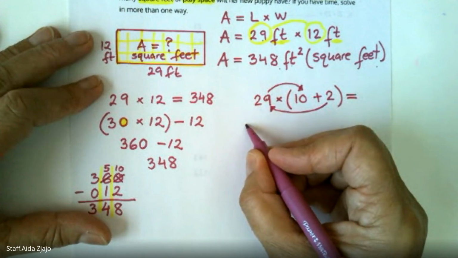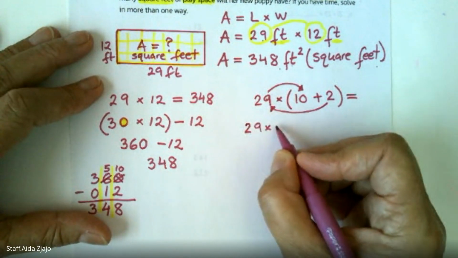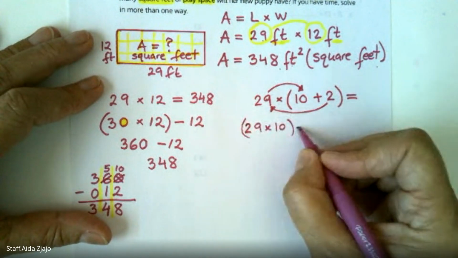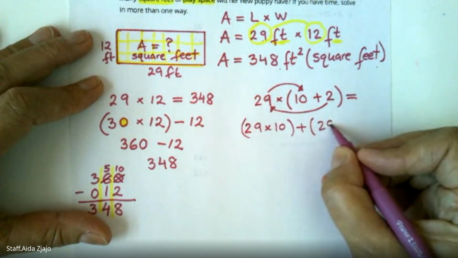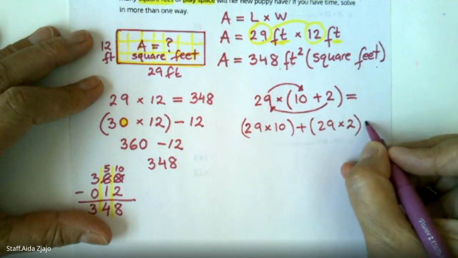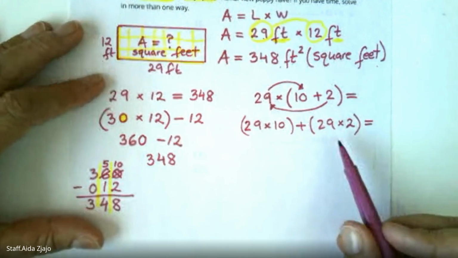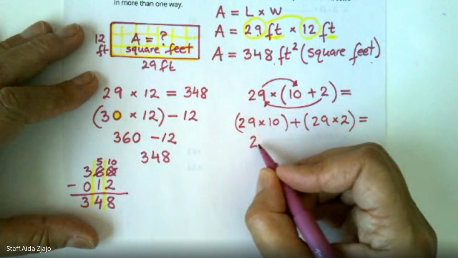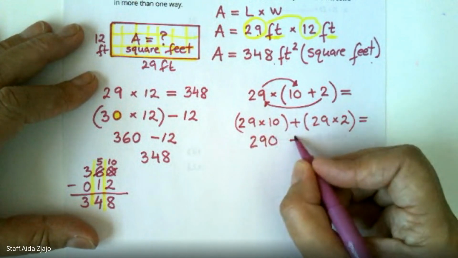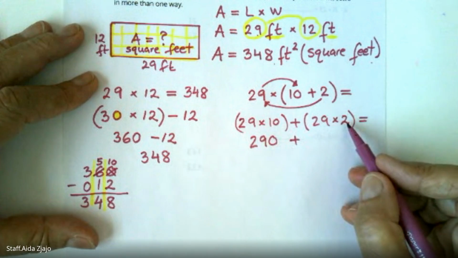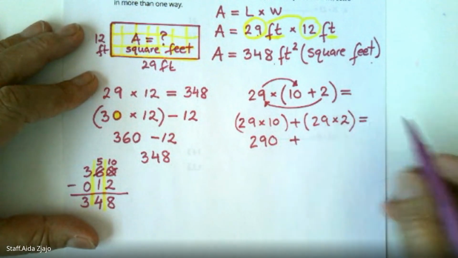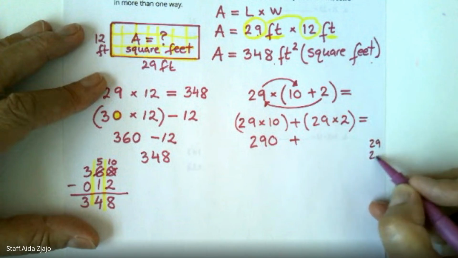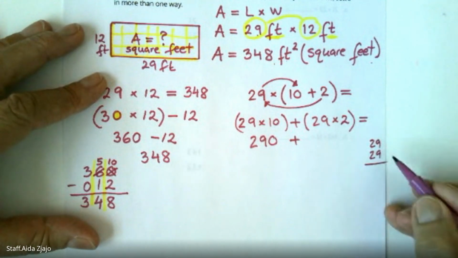So 29 groups of 10 plus 29 groups of 2, or 2 groups of 29. So now 29 groups of 10 is 290, plus 2 groups of 29, which is 29 plus 29.